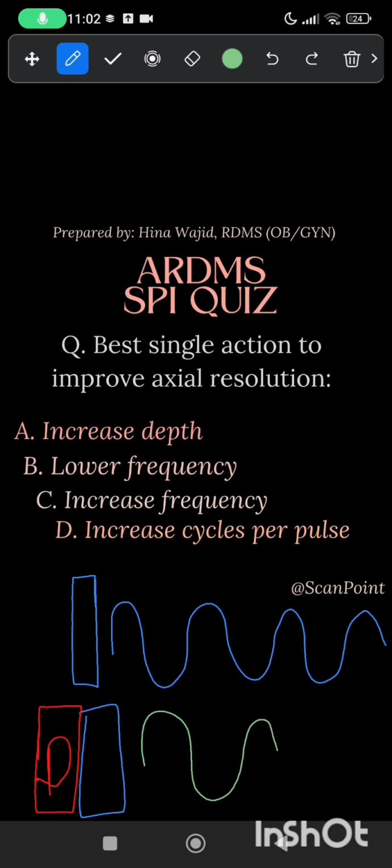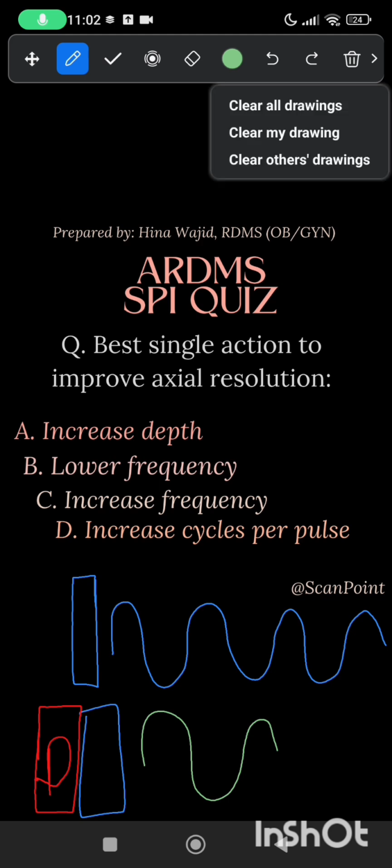So all of these methods are very important. So how to improve the axial resolution? Increase damping. It reduces the number of cycles, so it reduces the SPL. Or we can increase the frequency, so it reduces the wavelength and reduces the SPL.